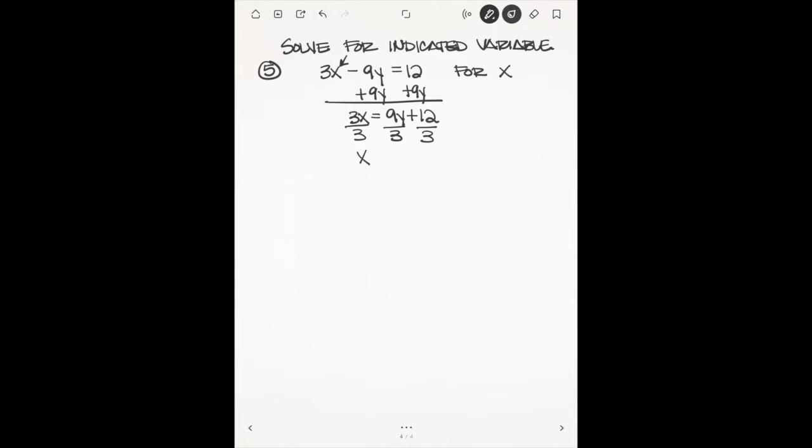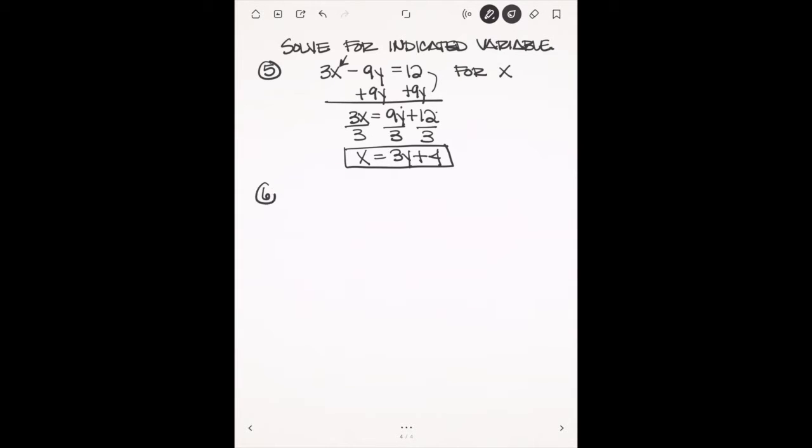And I get x equals 3y plus 4. The more we do of these, the easier they will get. It's just kind of weird because you don't actually get to subtract or add the unlike terms, but that's all right. And notice that I always put the letter first and then the number on the end. You don't have to do it that way, but that's what your answers will look like in your book.